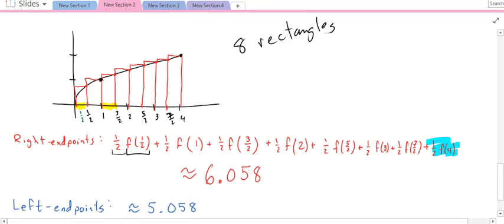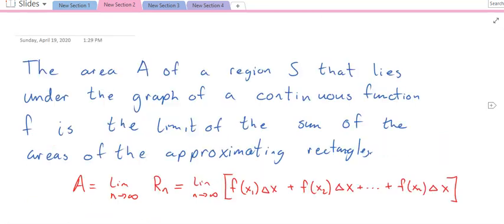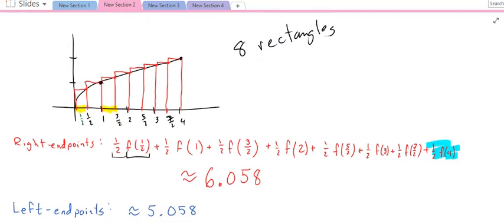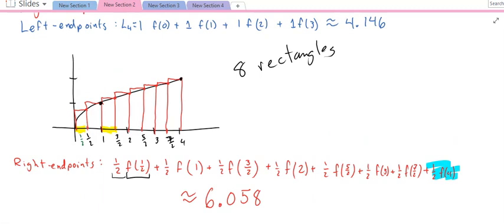You might stop and ask, where is the calculus for this? Well, here's where the calculus comes in. The area A of a region S that lies under the graph of a continuous function f is the limit of the sum of the areas of the approximating rectangles. So the idea is you keep chopping this interval up into smaller and smaller pieces using more and more rectangles.